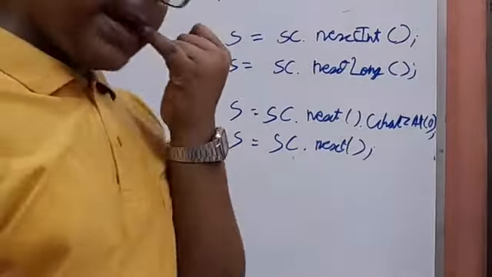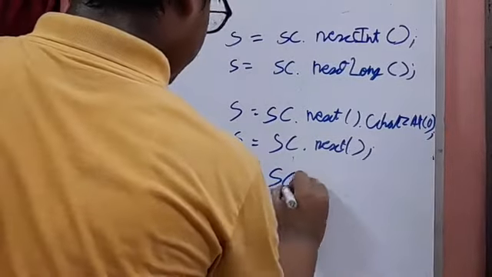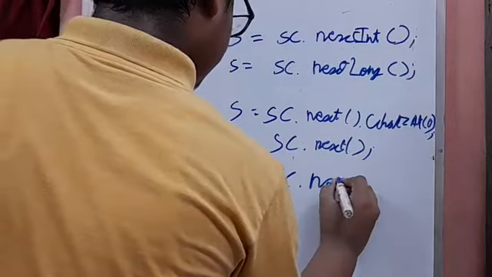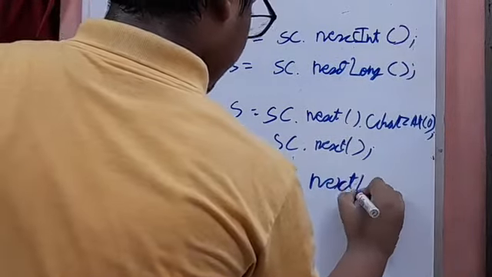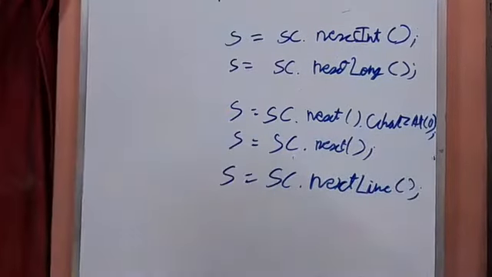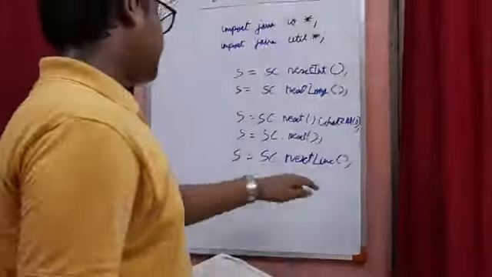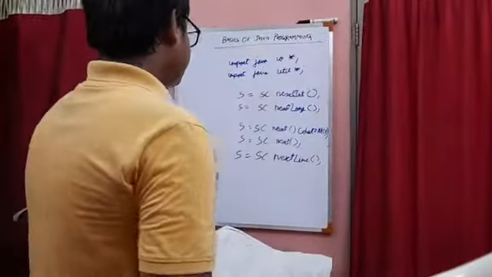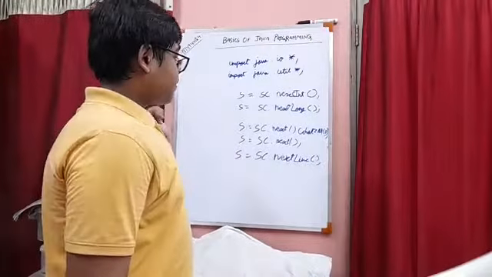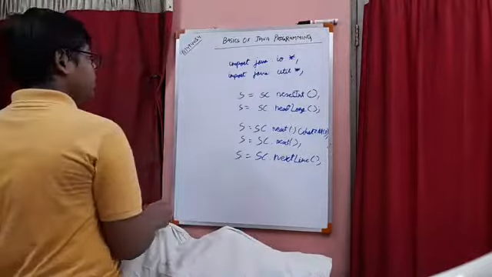Only a word can be entered in this one, and the other is sc.nextLine(); This is for a whole statement, and it is called line. This is for one whole line. Now these are the basics of inputting variables, and now we shall continue.